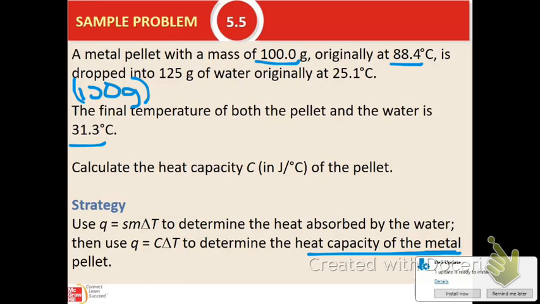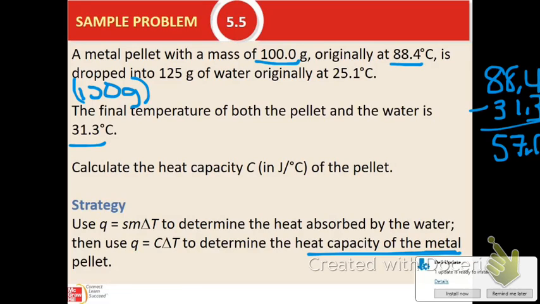If we subtract those two, 88.4 minus 31.3, that's a 1 and that's a 7 and that's a 5, 57.1. So the change in temperature for it was 57.1 degrees Celsius. Yep. And what about our water?